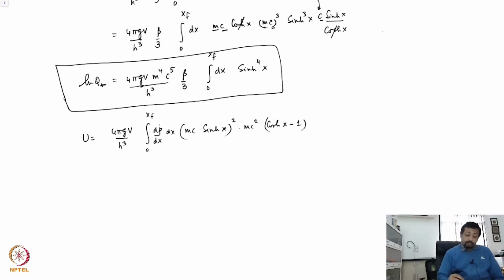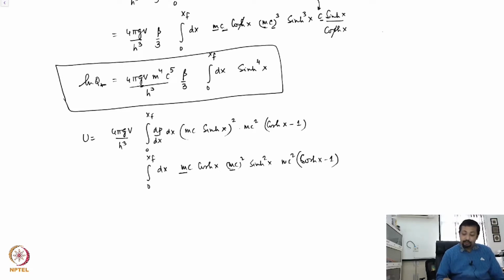Now, let's quickly write down dx, dP/dx is going to be cosh x mc, (mc) whole square sinh square x, mc square (cosh x minus 1).